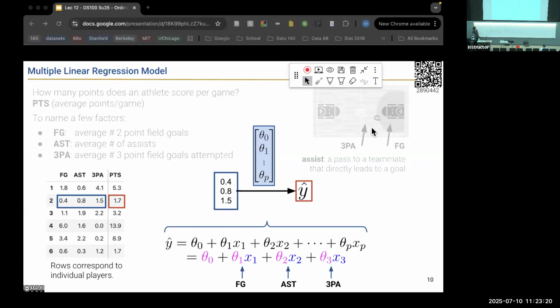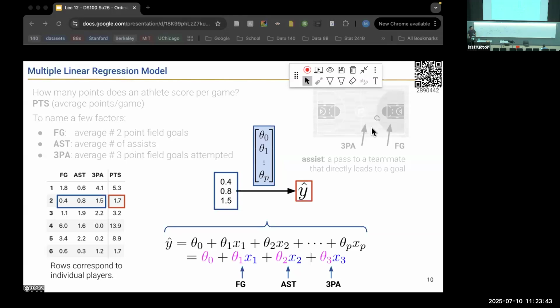In this case, x1 is what? 0.4, if you assume that it goes in order. And then x2 is going to be 0.8, and then x3 is going to be 1.5. So we scale the thetas by these feature values and then add them up. That's going to be my prediction.